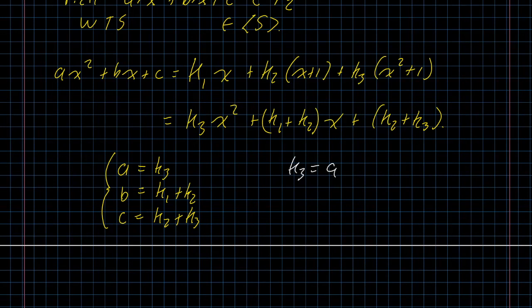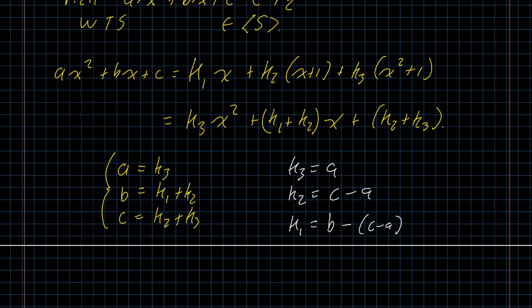From the first equation, we get that k3 is a. Plugging that into the third equation, we get that k2 is c minus a. And plugging that into the second equation, we get that k1 is b minus c minus a.